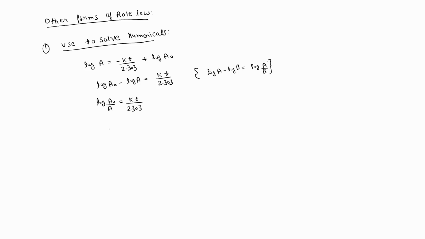So from here we can write t is equal to 2.303 divided by k log A naught by A. So this is the formula we will use to solve questions.